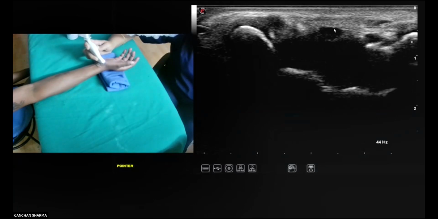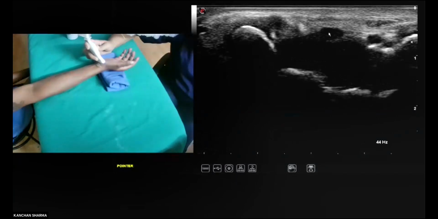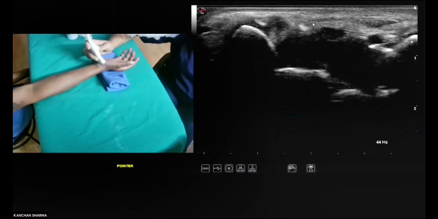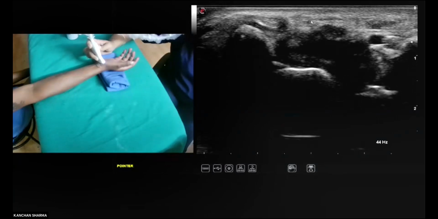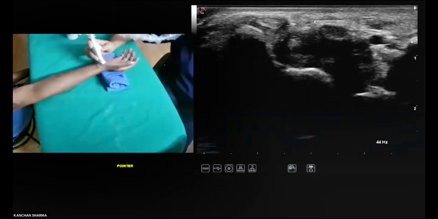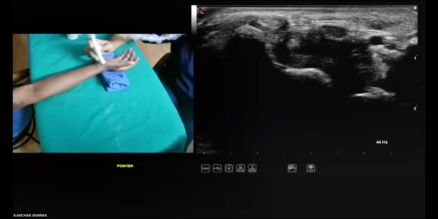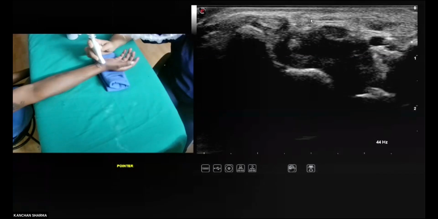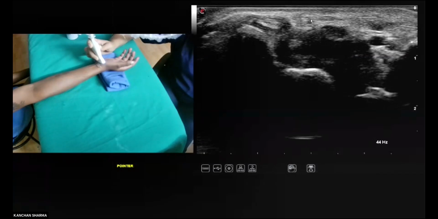This is our median nerve, and we should always come from this side, not from the radial side, because somewhere on the top, here, it is not very nicely seen, but a black dot you will be able to see. That will be this one. So this is our palmar cutaneous branch of the median nerve, which we have already seen. If you come from the radial side, you have the chance of damaging this nerve.